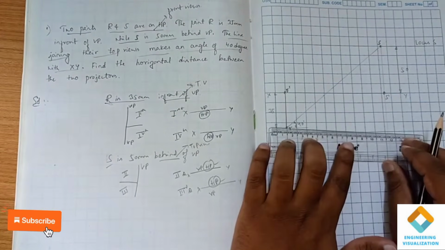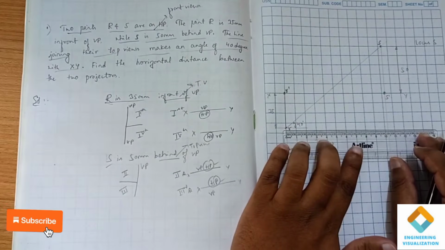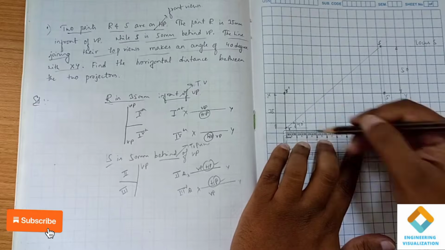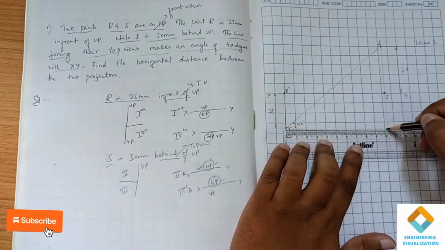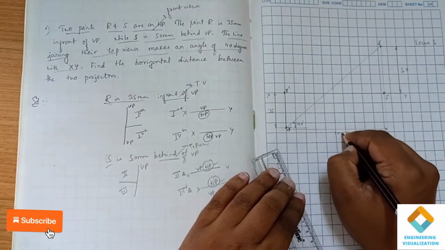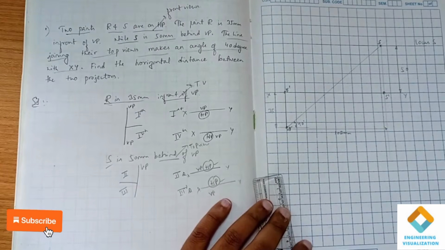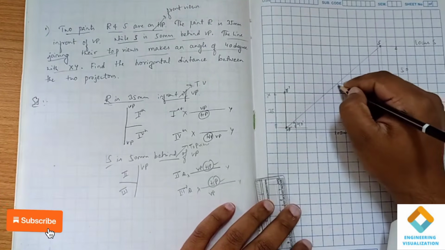The distance is around 101 or 102 mm. So this is the problem, and here the angle is 40.